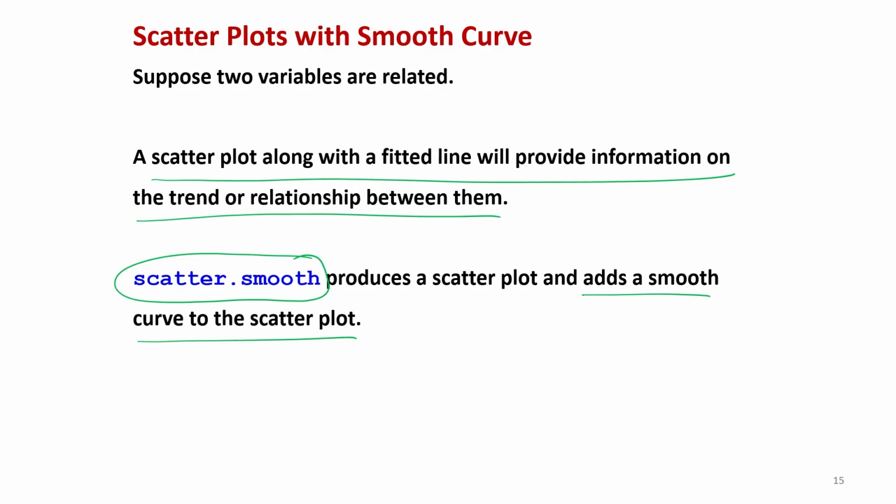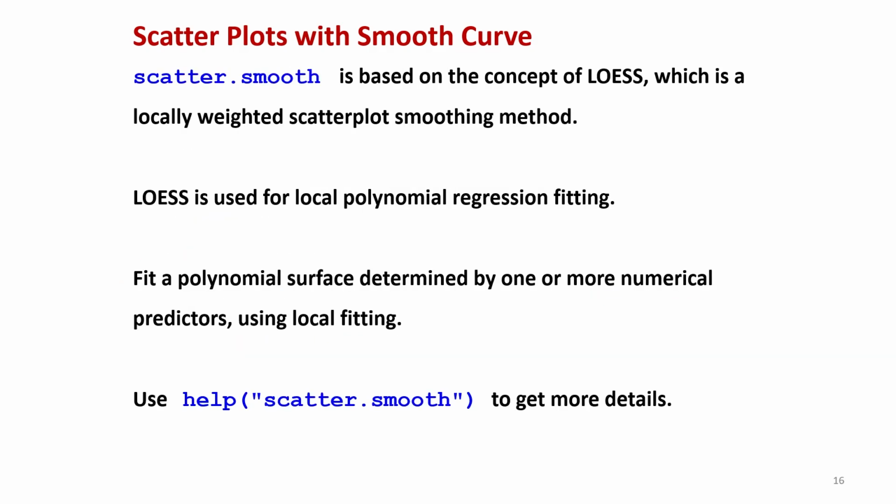This will create a smooth curve also, right? This command is based on the concept of LOESS, which is a locally weighted scatter plot smoothing method, right?